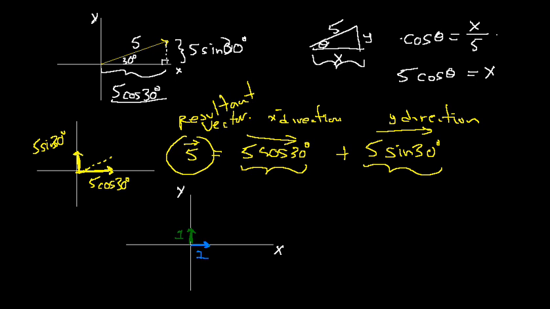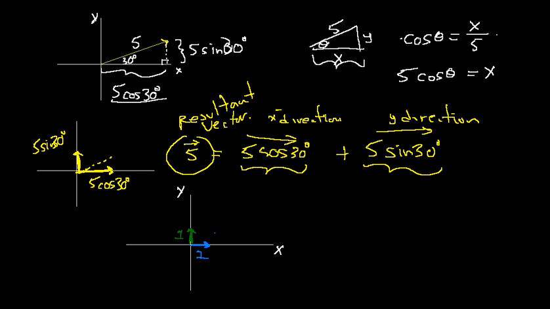Now we give a special name to a unit vector on the x-axis, and we tend to call this vector the i. Let me do that, sorry. Let's do it in the same colors we're working with.